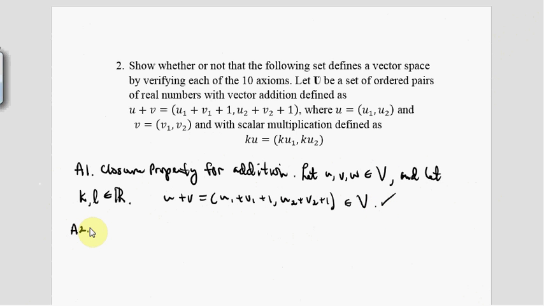So A2 is interesting in terms of the associative property for vector addition. Let me work it out, then I ask the question and see if you see what's happening.